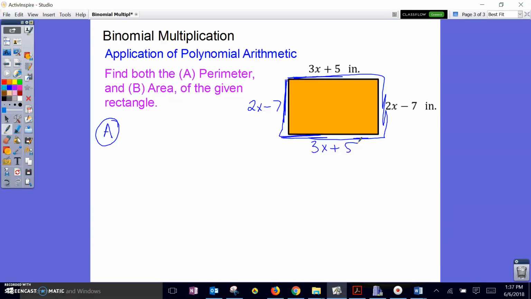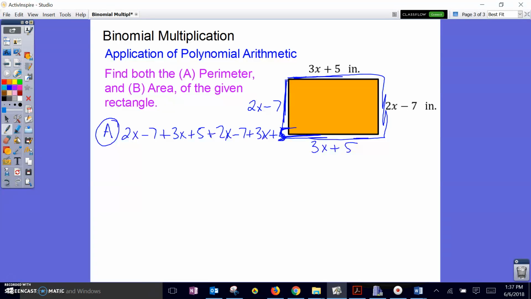And so to find the perimeter, I'm going to take all these sides and add them together. I've got a 2x minus 7 side, I've got a 3x plus 5 side, I've got a 2x minus 7 side, and another 3x plus 5 side. And I'm going to add all those together.